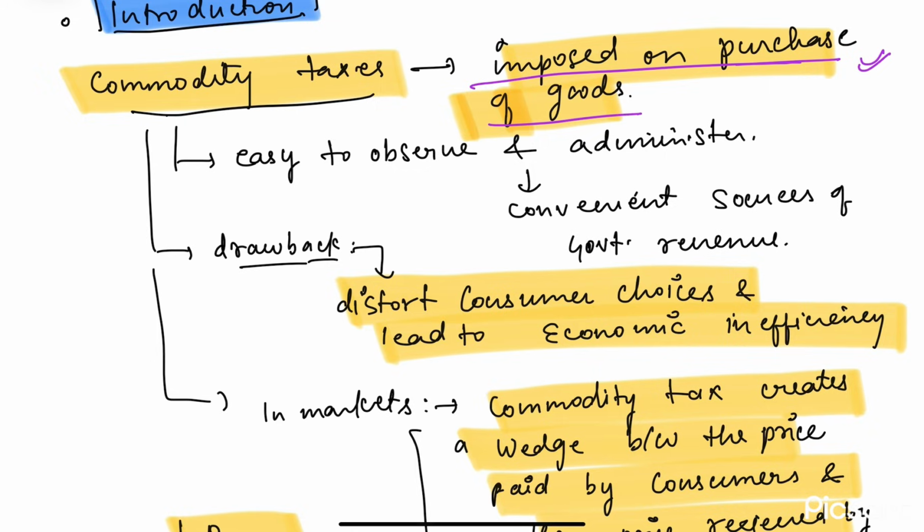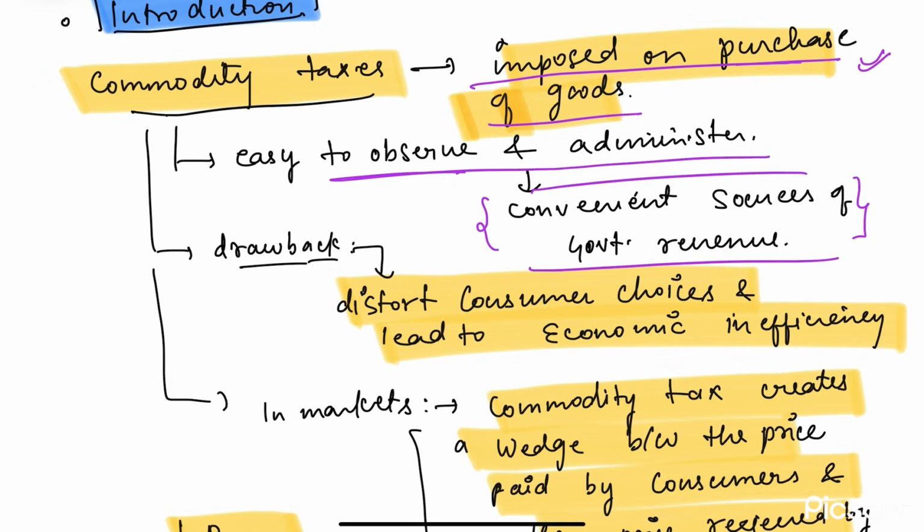Why are we looking at commodity taxes specifically? Because these are easy to observe and administer, they provide a very convenient source of government revenue. Lump sum taxes were good from the perspective of efficiency and equity, but the government didn't have perfect information about the ability of individuals to pay, like how much they are earning.